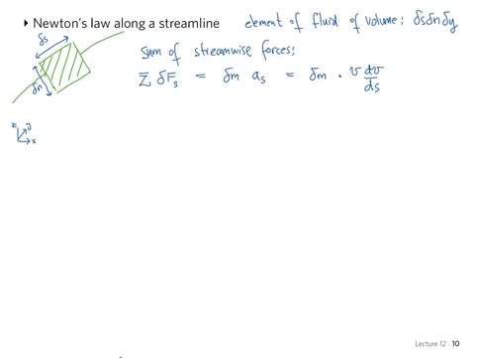That is our acceleration in the streamwise direction. So let's write for that dm, rho times the volume, ds, dn, dy. I'm just going to squish things a bit here: rho, ds, dn, dy, v, dv, ds. I made it fit.